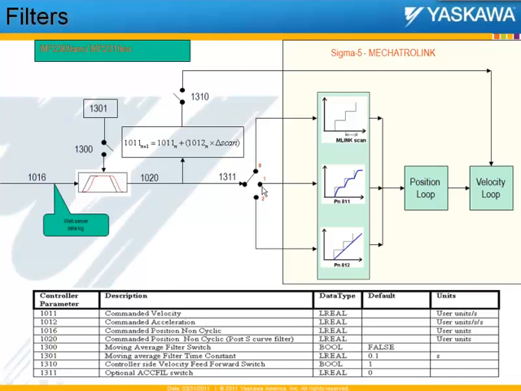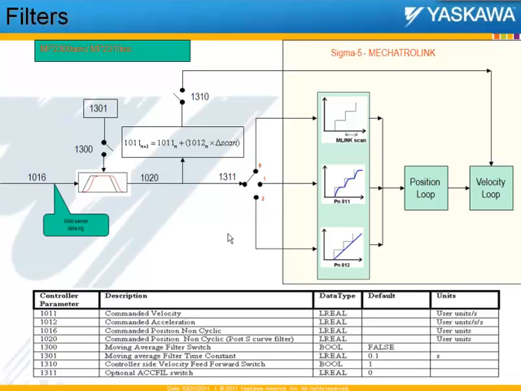If 1311 is set to 1, it makes use of exponential sub-interpolation within the servo pack, if the parameter in the servo pack is set appropriately. If 1311 is switched to 2 in the controller, making use of whatever is set in parameter 812, a linear sub-interpolation can be executed in the motion profile that is sent into the position loop on the servo pack.